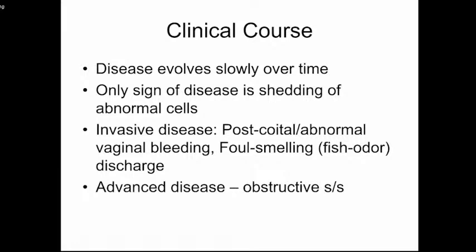Once the disease is invasive, a patient may present with postcoital bleeding or abnormal vaginal bleeding, foul-smelling fishy-odor discharge. In fact, they say when a patient walks into the room, you can make the diagnosis by the foul-smelling discharge, which is really disheartening and distressing for the patient.